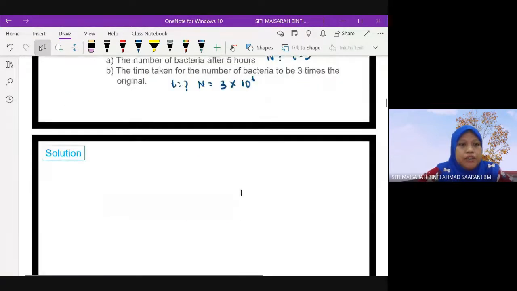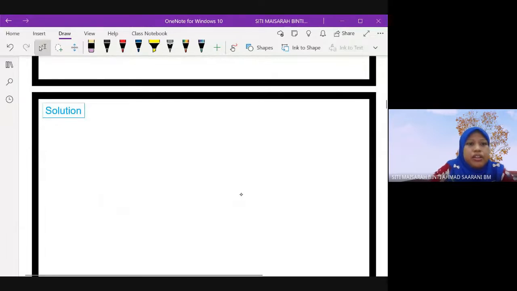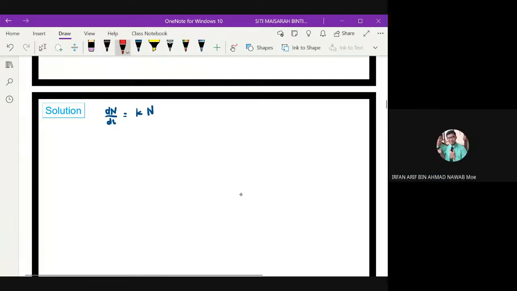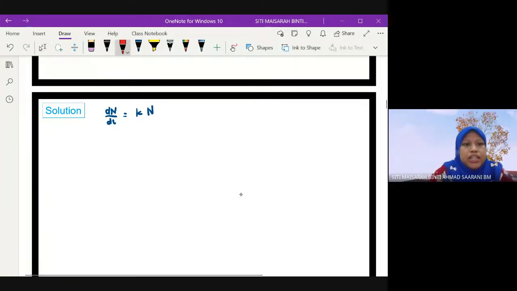So jadi starting with dN over dt equals to KN. Ini dia bagi dalam soalan kan. Okay. So then ini boleh separate tak? Boleh, madam. Boleh. So then kita dapat dN over N equals to K dt.